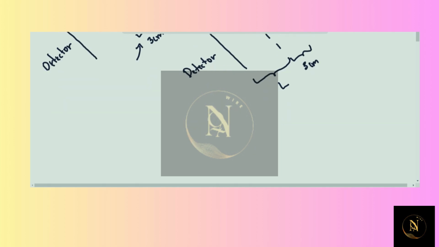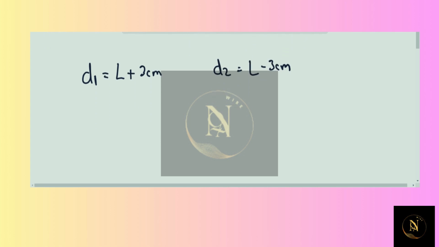So the distance d1, I'm going to call that with a lowercase d, d1 is L plus 3 centimeters, and the distance d2 is L minus 3 centimeters. Now we note that the time is the distance traveled over the speed, and we know that in this case photons travel with the speed of light.